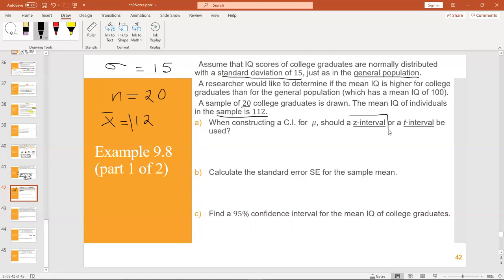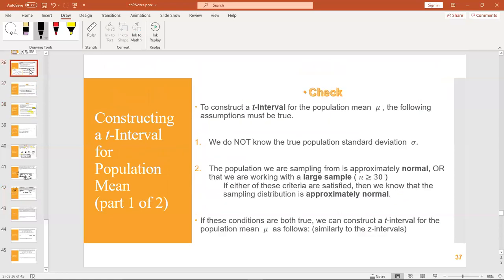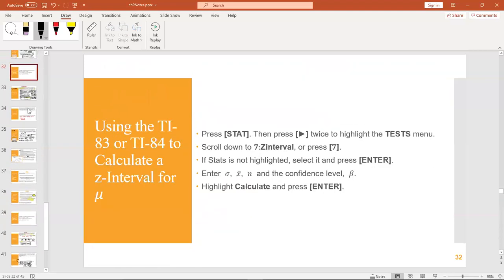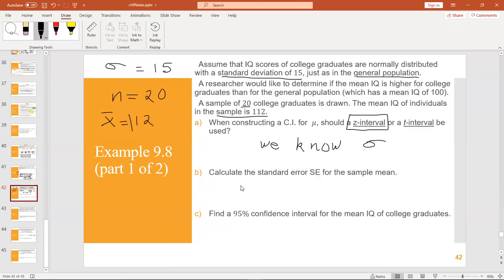So that means we are actually going to use a Z interval because we know sigma, the standard deviation for the population. So we need the standard error. Let's go back and find the formula for that. It's just sigma over square root of n. So the standard error when it's a Z interval is sigma over the square root of n.